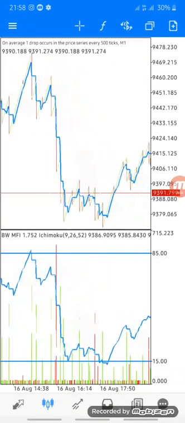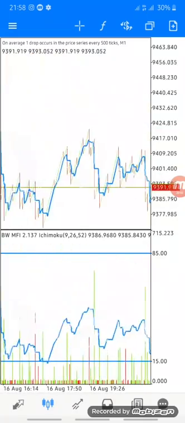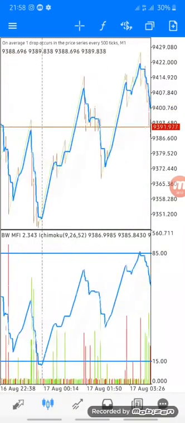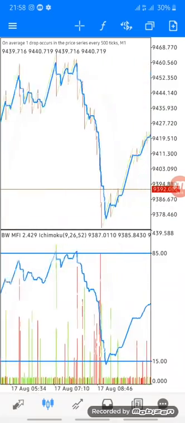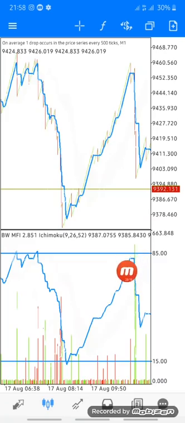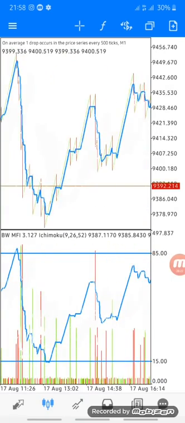This will hold the Ichimoku to be on that zone. So yeah, those are the basics. This one will hold the Ichimoku on that zone, and this one is also holding the Ichimoku.